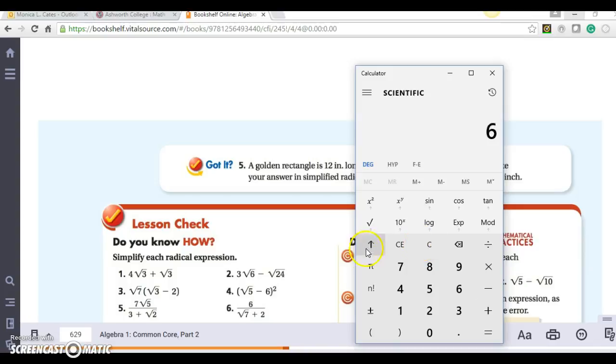So that's negative 6 plus 6, I'll put it in parentheses this time, times root 5, close parentheses, and I get 7.4.